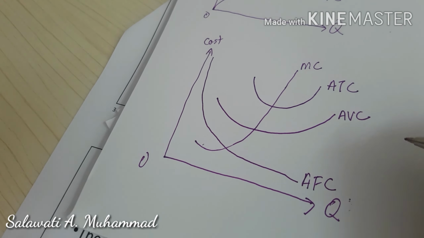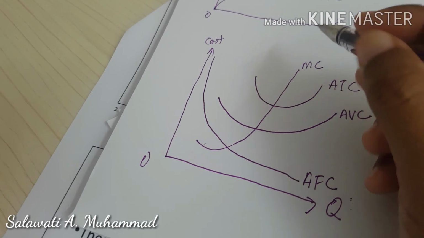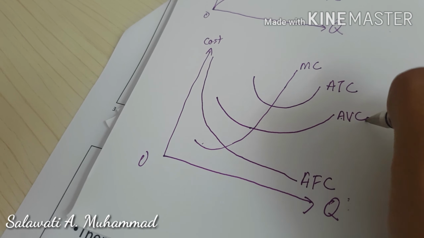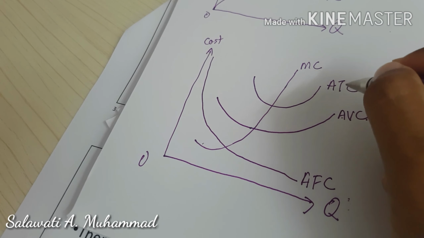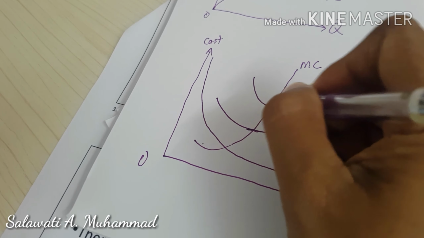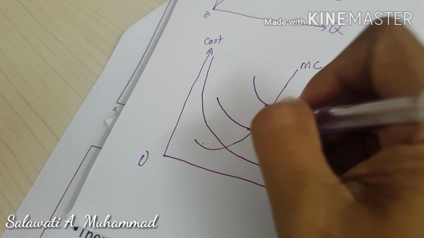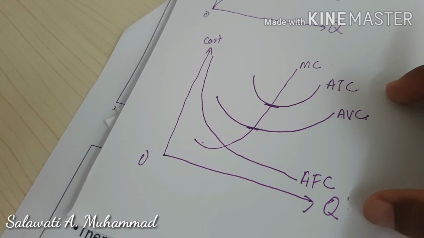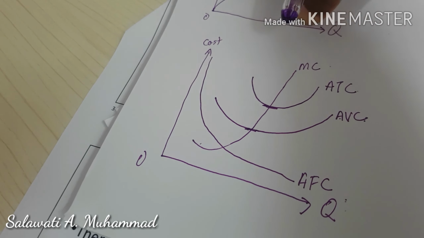So you need to remember marginal cost intersects with average variable cost and also average total cost at their minimum amount. So that is marginal cost and average total cost. This is how the curves should look for the cost concepts. All right.